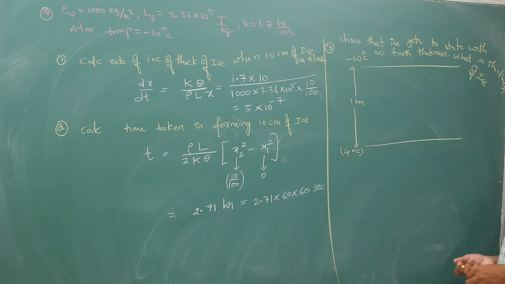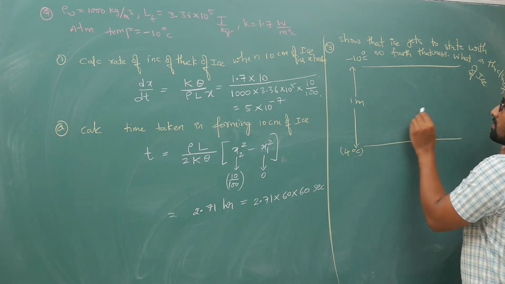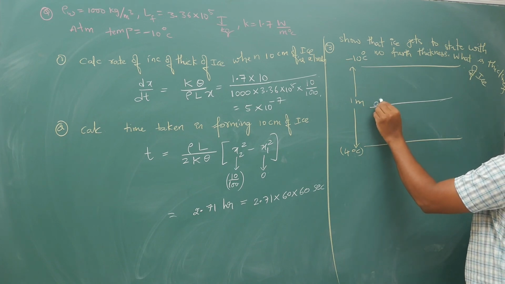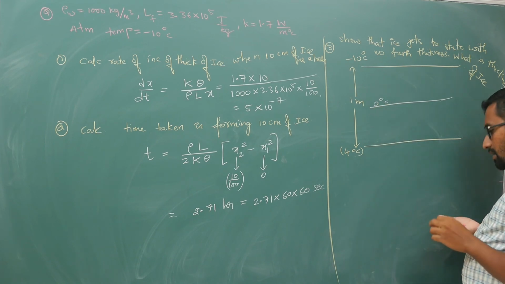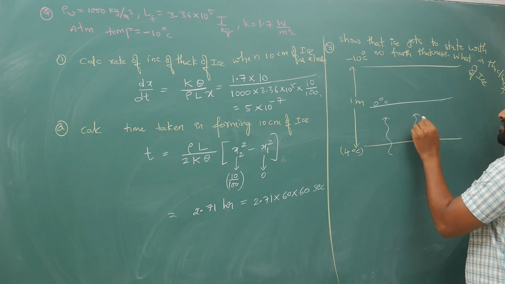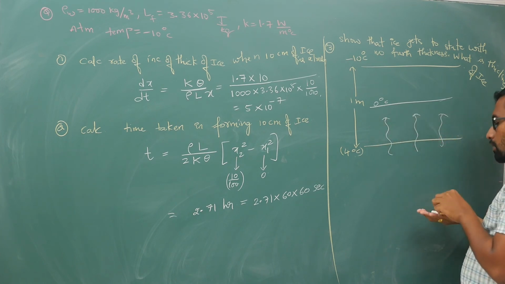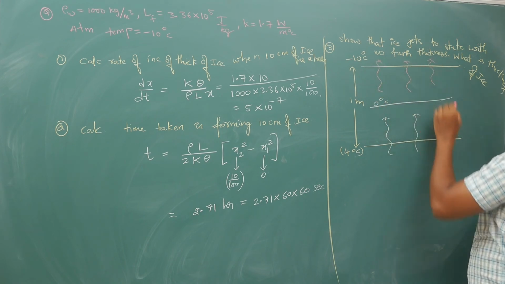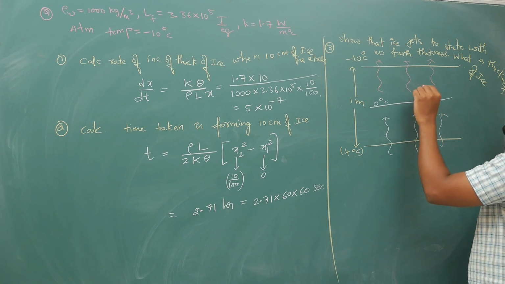Now coming to this part, show that ice gets into a state with no further thickness. What is the thickness of ice is asked. What happens is when equilibrium is formed, how much heat energy is coming from this, that much amount of heat energy will be transferred into the surroundings. Now your input is equal to output.